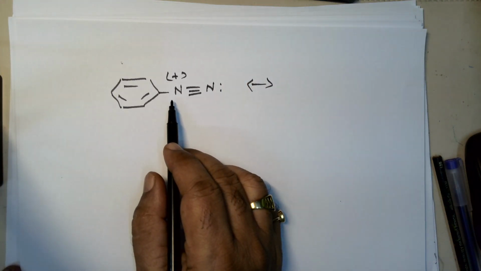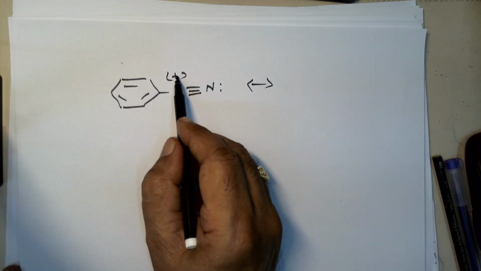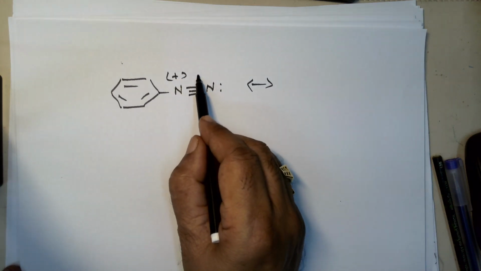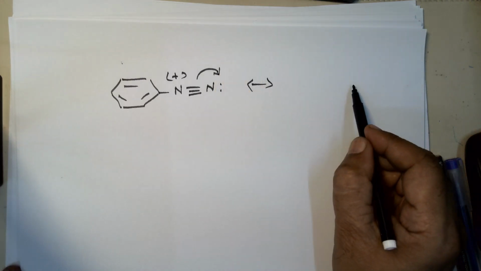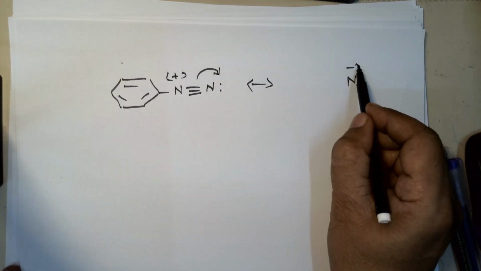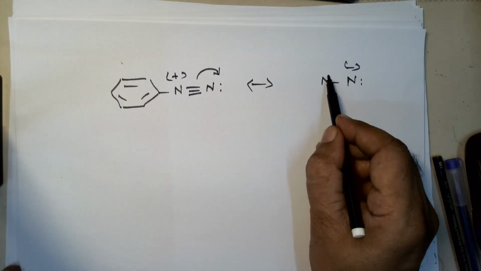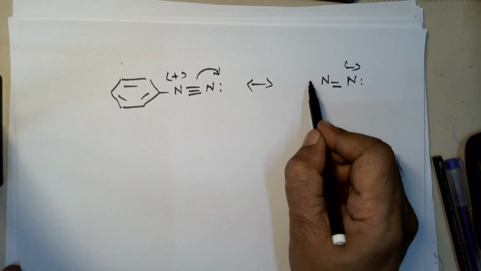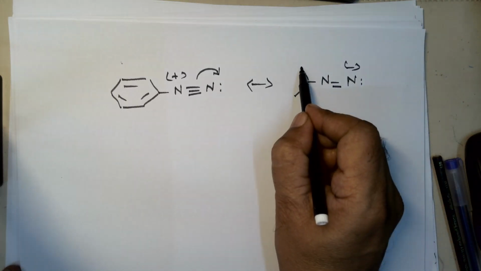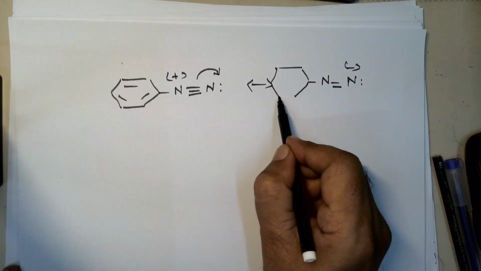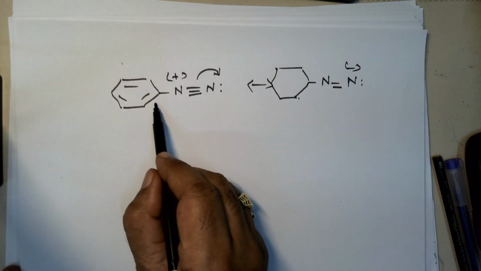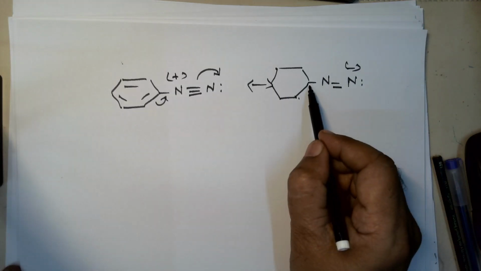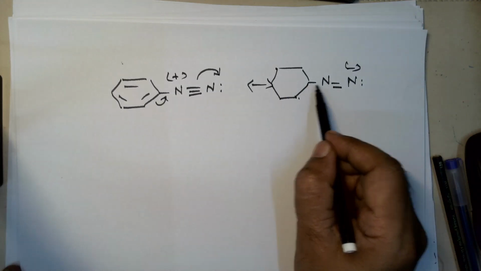For instance, this can go here, so that this becomes N minus and this becomes a double bond. To compensate for this, the electrons will go here so that it becomes a double bond here.